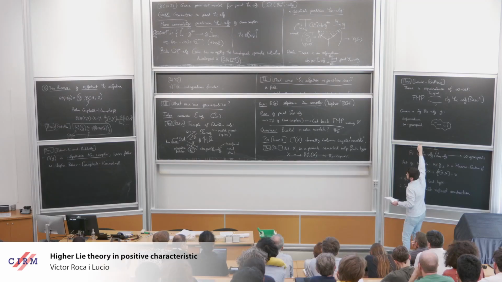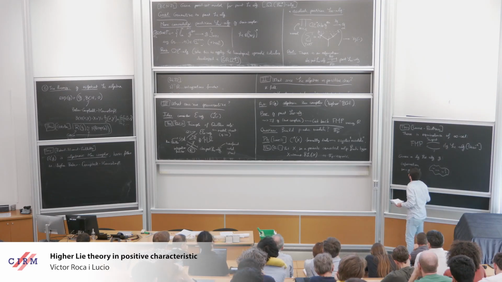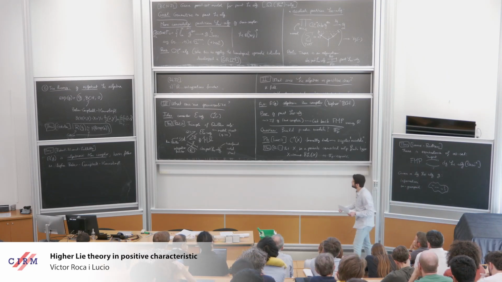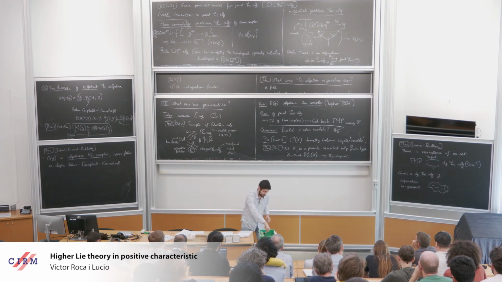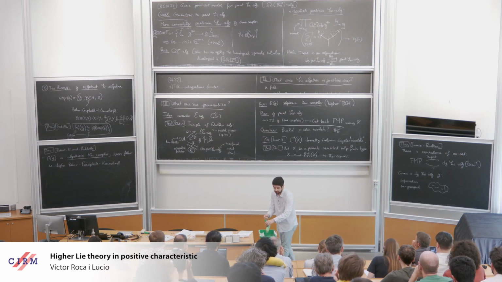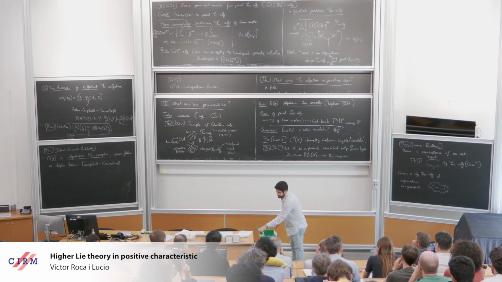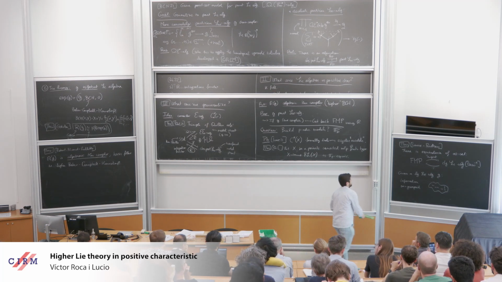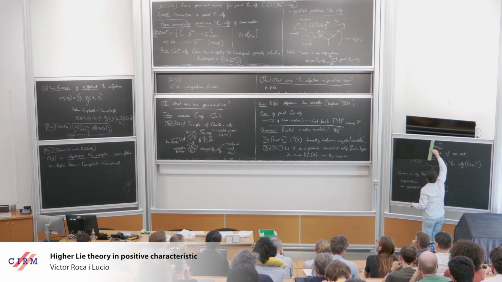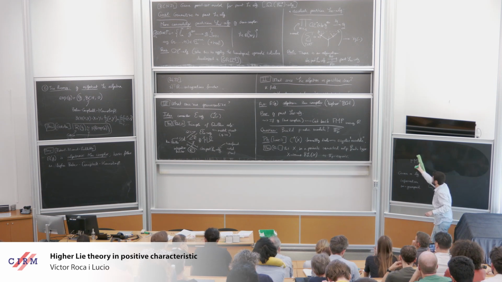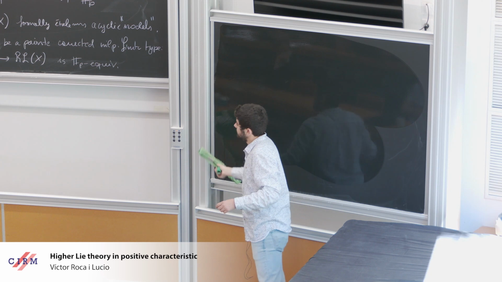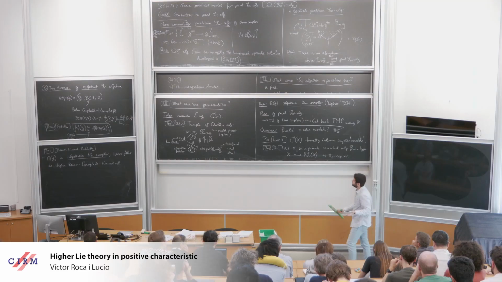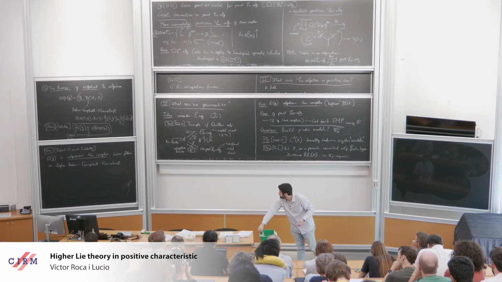But now I want to address something that could be said about these models, which is the following. I have chains that land on these infinity coalgebras, and up to some subtlety that we'll talk about in a minute, we get infinity coalgebra models.